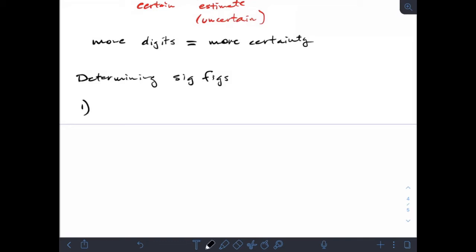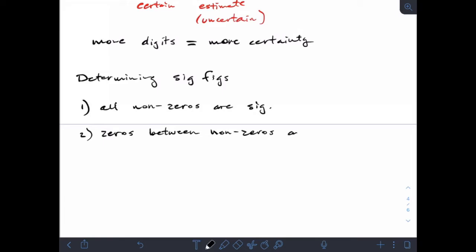The first rule is that all non-zeros are significant. The second rule is that zeros between non-zeros are significant.